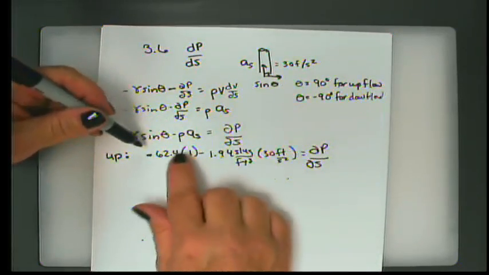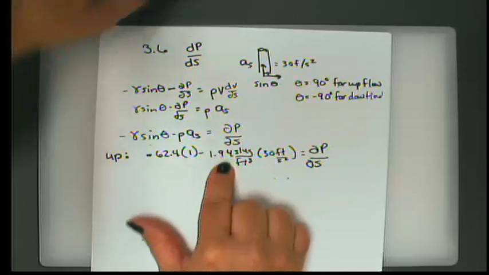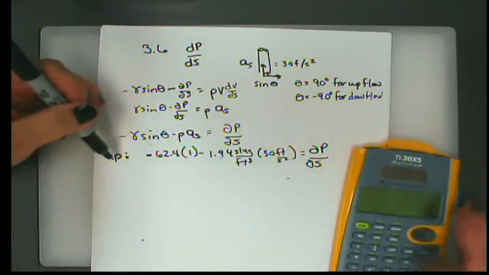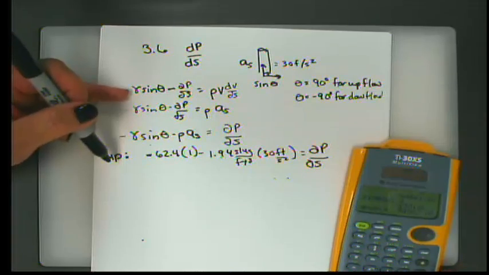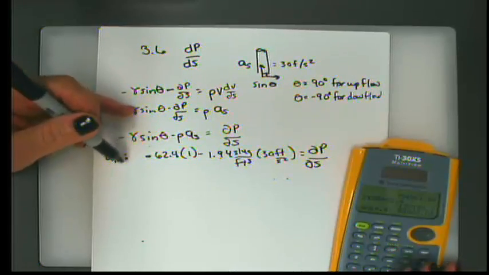All right, so then this is going to be a negative, and this is going to be a negative, which makes sense because the pressure gradient should be higher if we're going up because everything is working against the force of gravity.